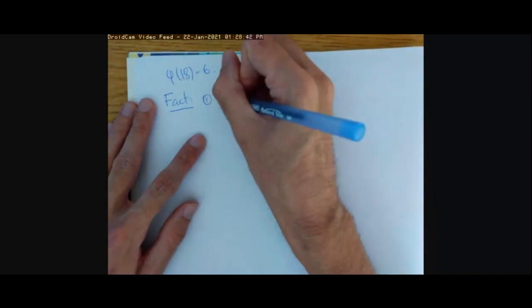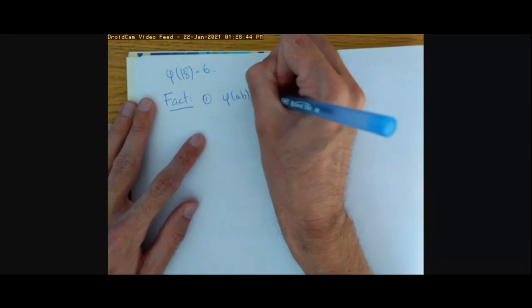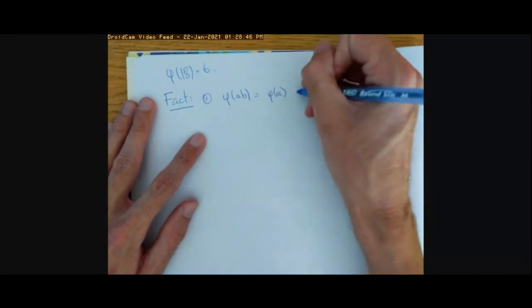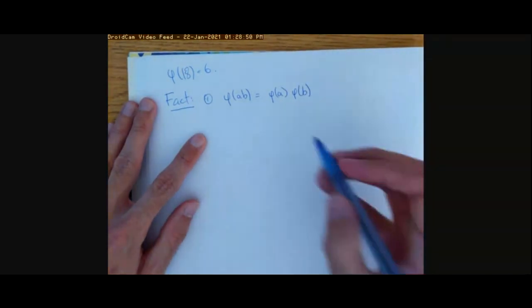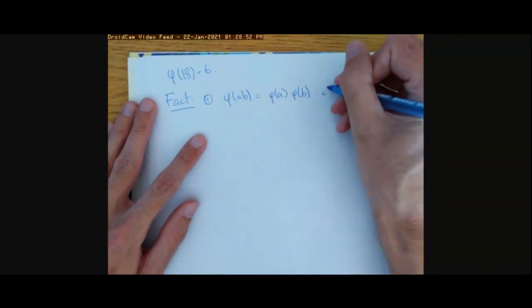And then we have some convenient formulas for computing. First of all, if the GCD of A and B is 1, then phi can split up like this.